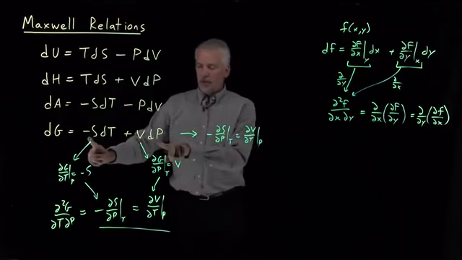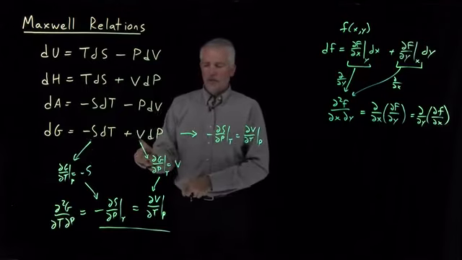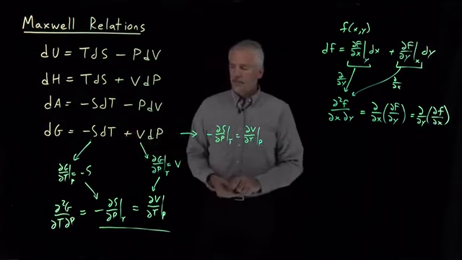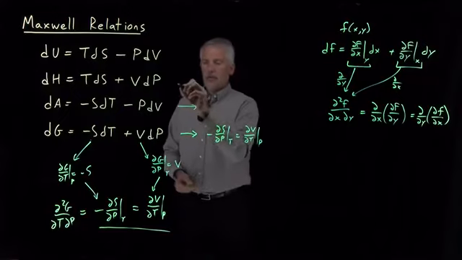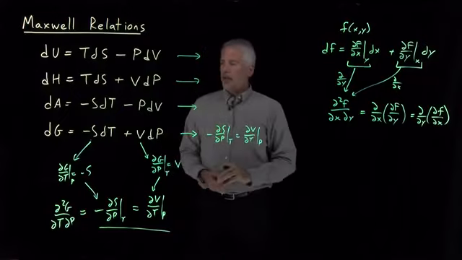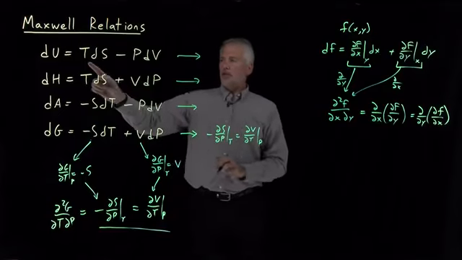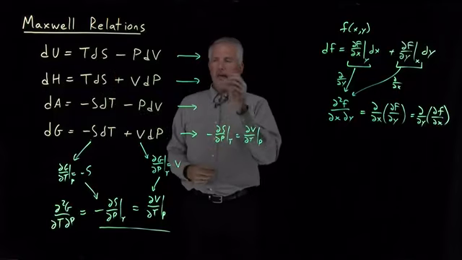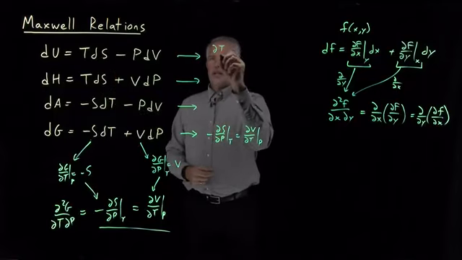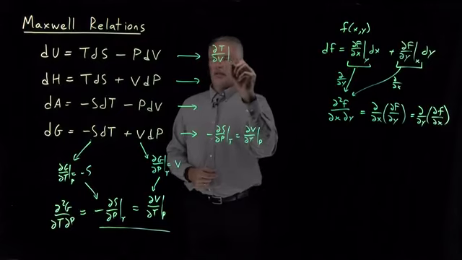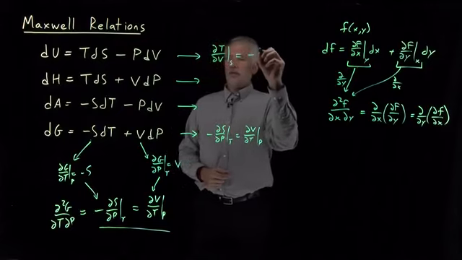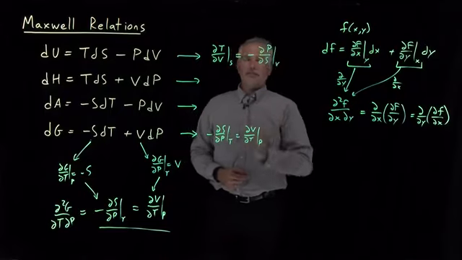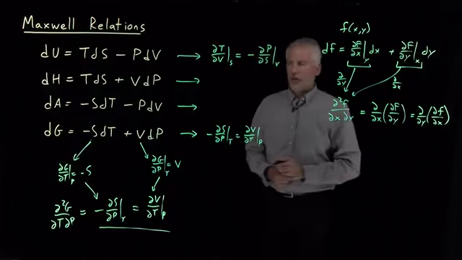Derivative of this with respect to this at constant this is equal to derivative of this coefficient with respect to the other variable while holding this one constant. So I can do the same with a little less work now for the rest of these fundamental equations, just taking the derivative of each coefficient with respect to the opposite variable while holding its own variable constant. I learned that dT dV at constant S is equal to negative dP dS at constant V from the fundamental equation for the internal energy.